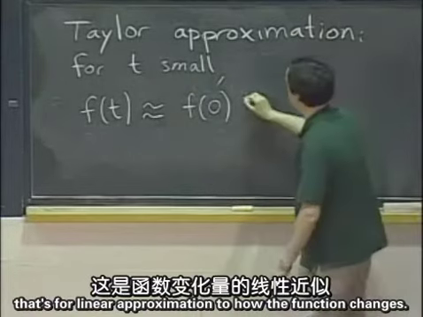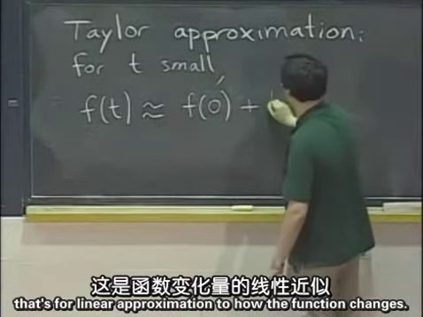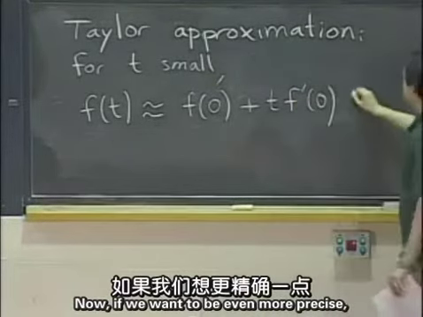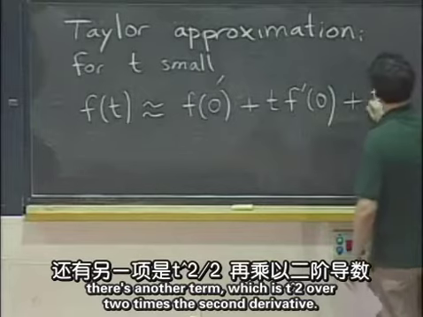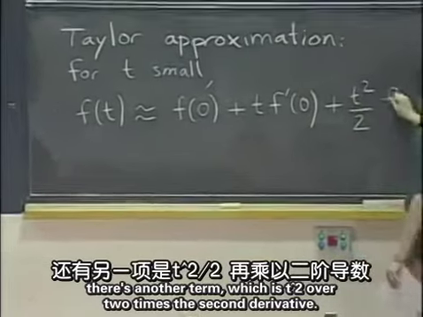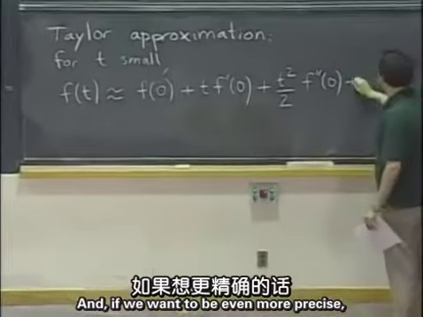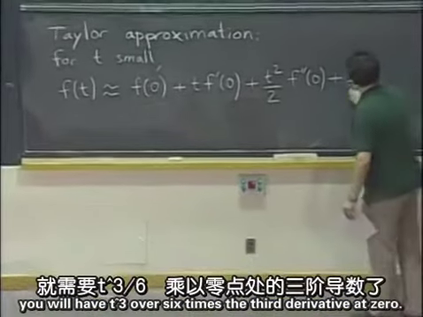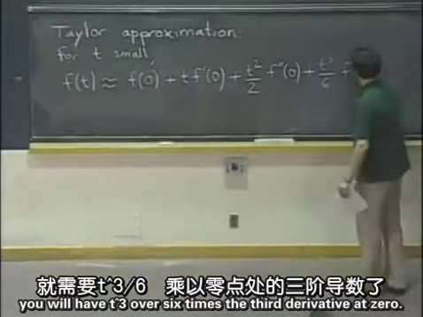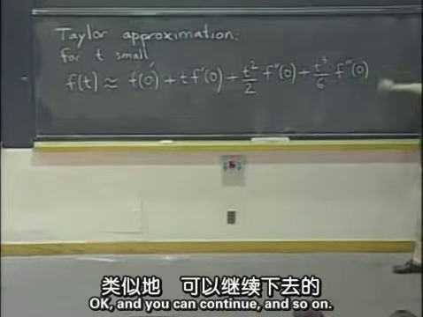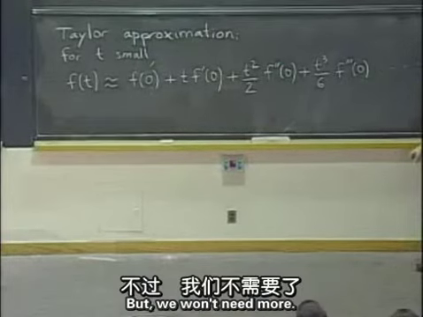That's a linear approximation to how the function changes. If we want to be even more precise, there's another term, t squared over 2 times the second derivative. And if you want to be even more precise, you'll have t cubed over 6 times the third derivative at 0. You can continue and so on, but we won't need more.